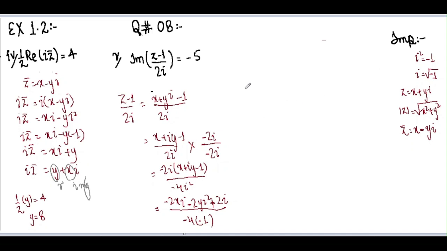Now the next step: we get equals to minus 2x iota minus 2y iota square, which gives us minus 1, so we are going to put it over here. Minus 1 plus 2 iota whole divided by minus 4 into minus 1. Yes, we get 4.